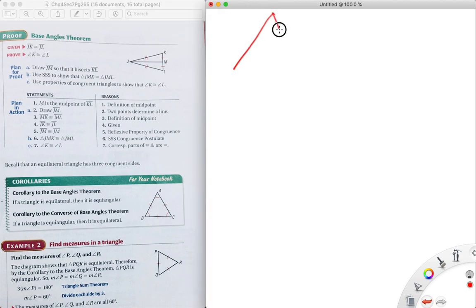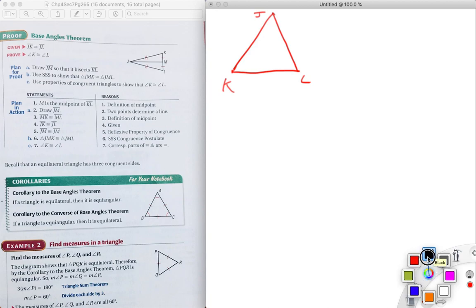And I'll draw it. So this is actually what we have. We have J, K, L. We're told that these two sides are congruent.